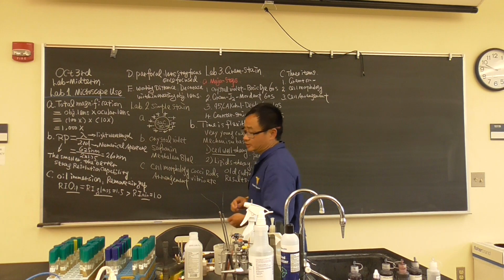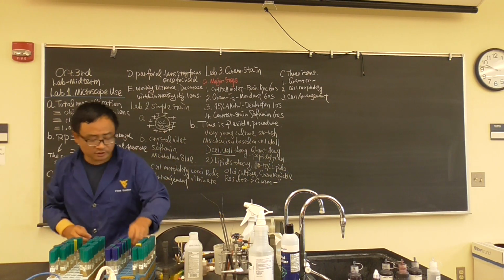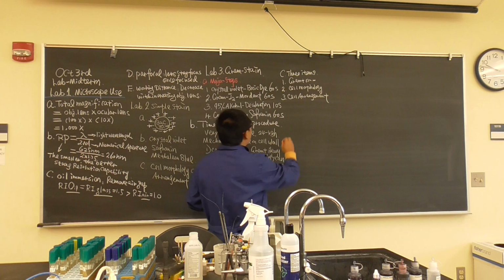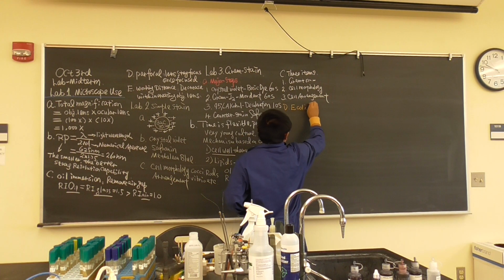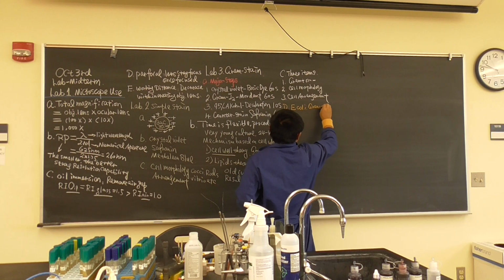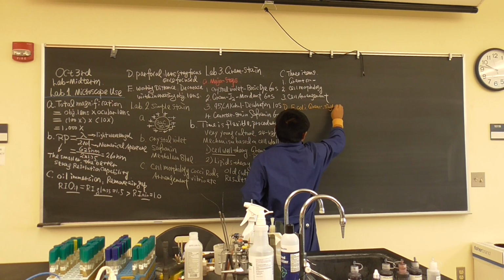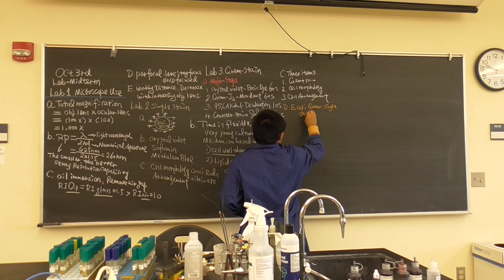Now we did some of the lab work, so we have some examples. Number one, let's say we had E. coli. E. coli is gram-negative, single short rods.